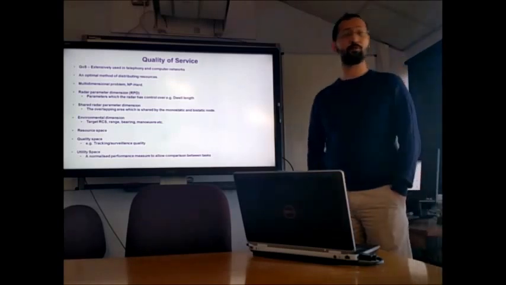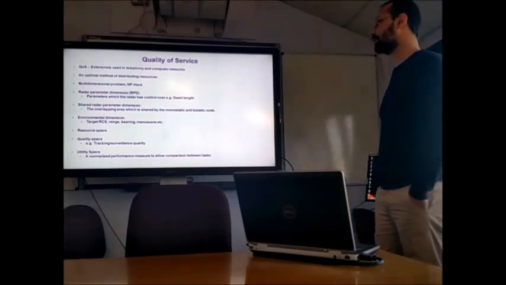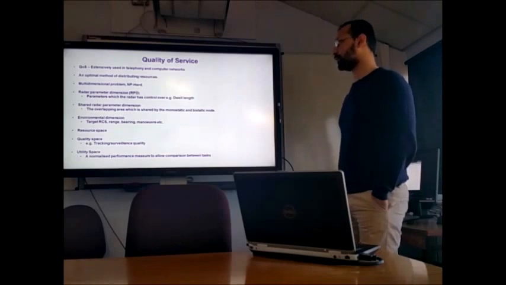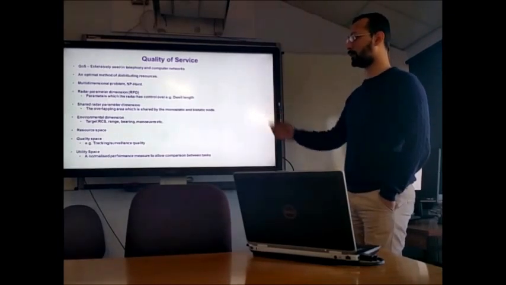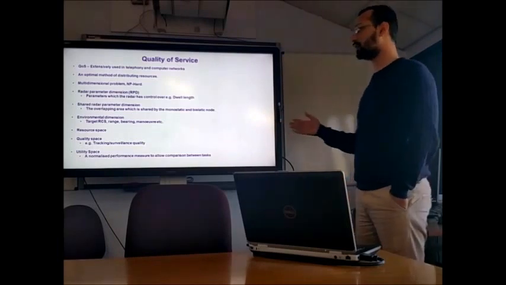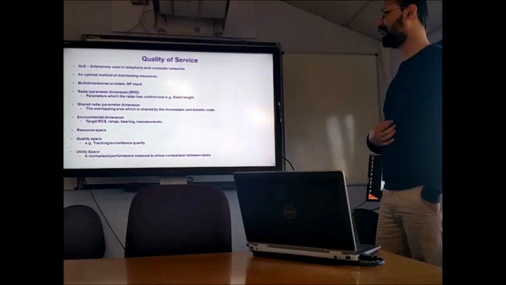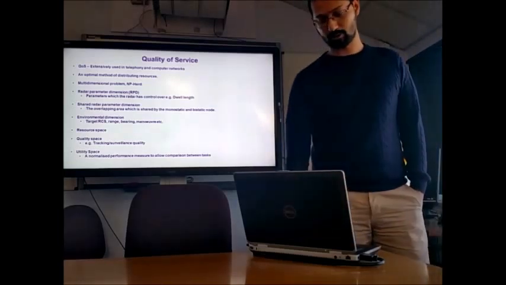These are the parameters that we do not have control over, such as target RCS, range, bearing, and the maneuvering of the target. And then we also have the resource space, the quality space, which is the tracking and surveillance quality. And then what we do is map the task quality to task utility to create a utility space, which allows us to obtain a normalized performance measure to allow comparison between all the tasks.